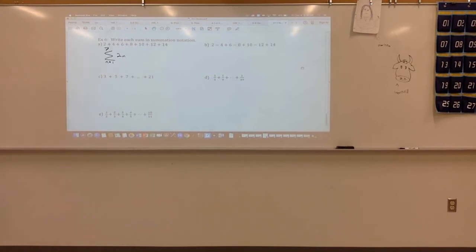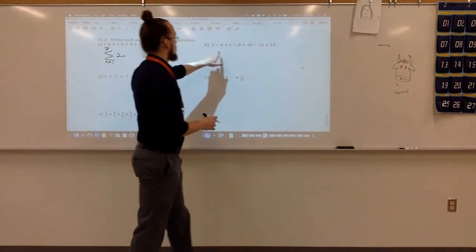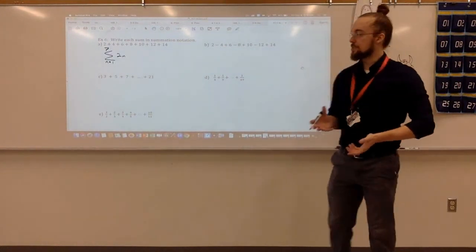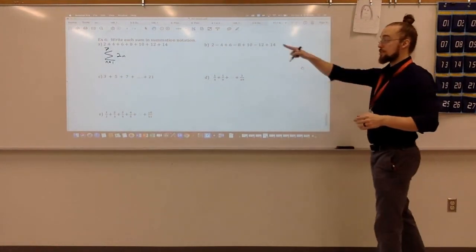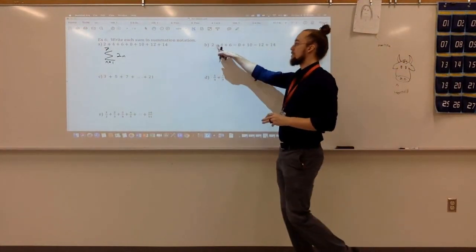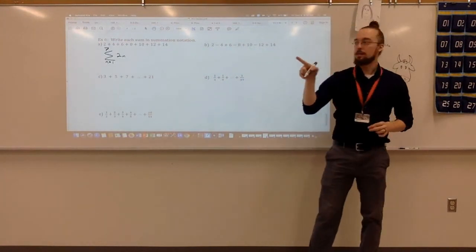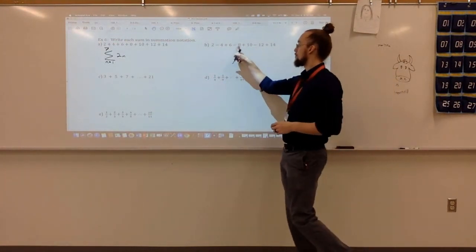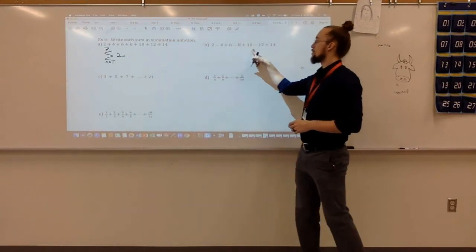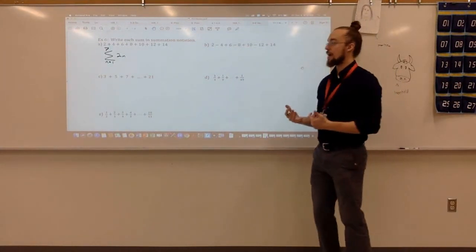Right? How about B here? Here we've got alternating signs. It's the same thing as A, except the signs alternate. Right? I'm going 2, 4, 6, 8, 10, 12, 14, but every other term I'm subtracting instead of adding.